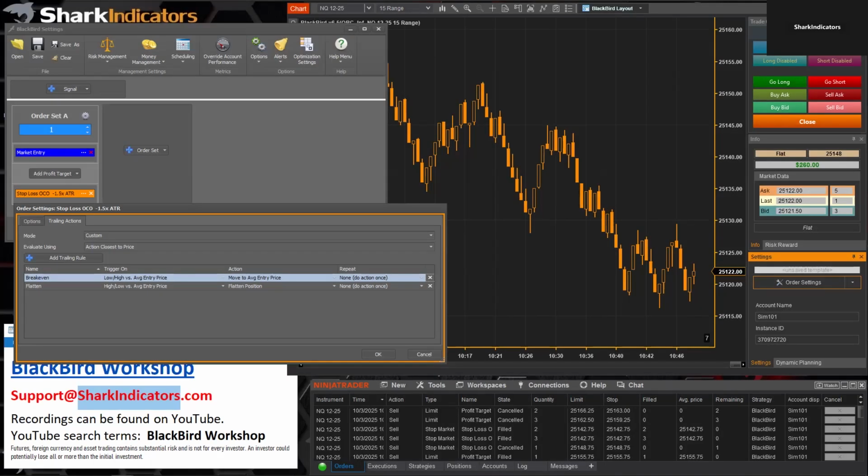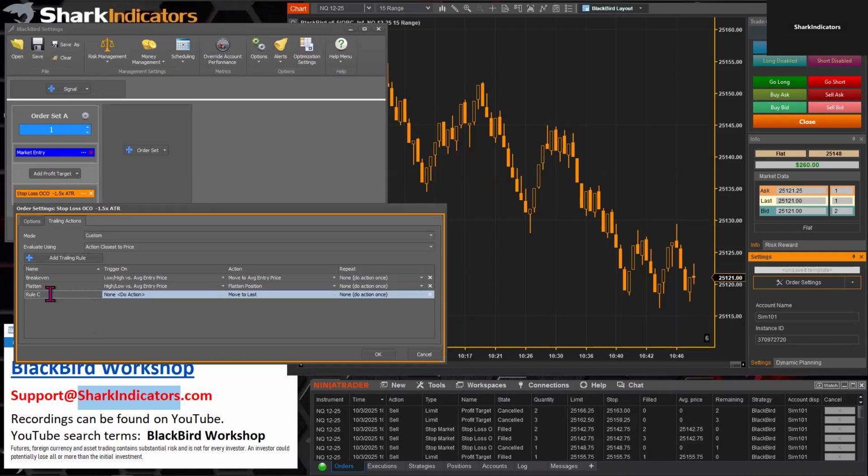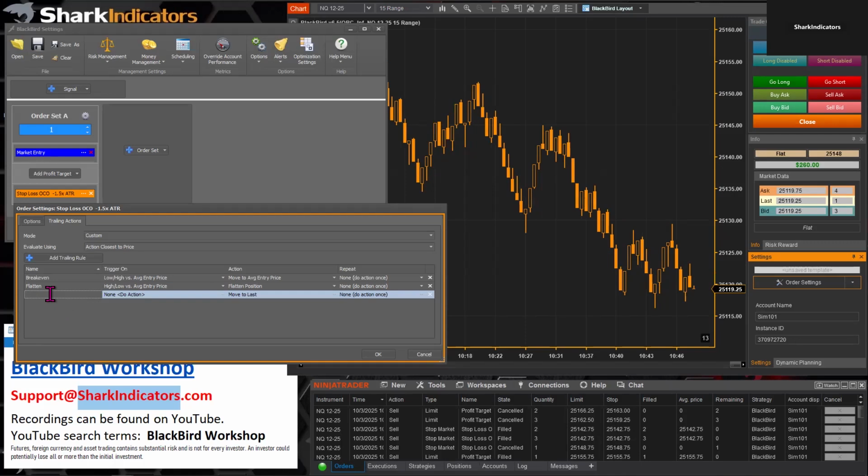The next logical follow-up question is, what about trailing after the break even? So I'll add another trailing rule here, and we'll just call this trailing. For trailing, obviously you want to make sure that the trailing occurs after the break even.